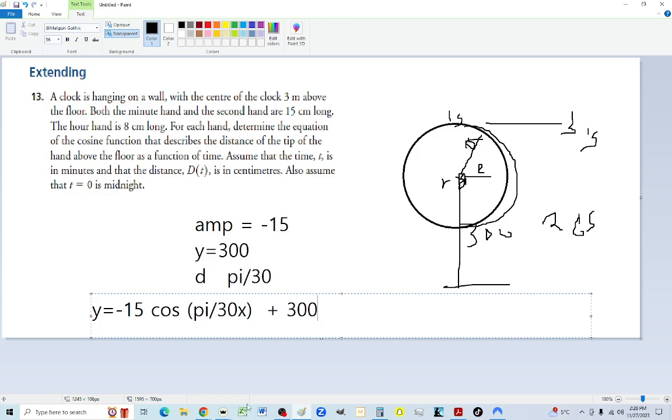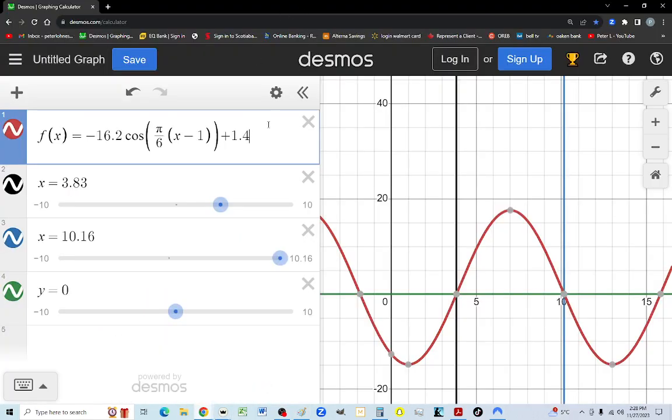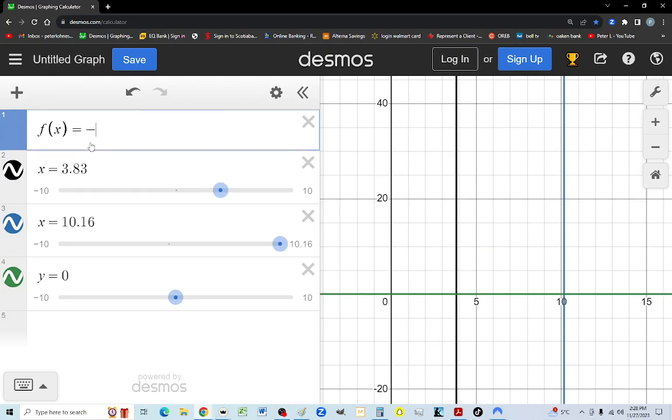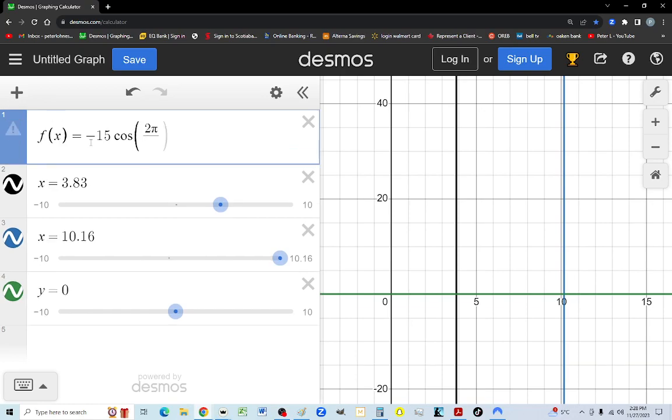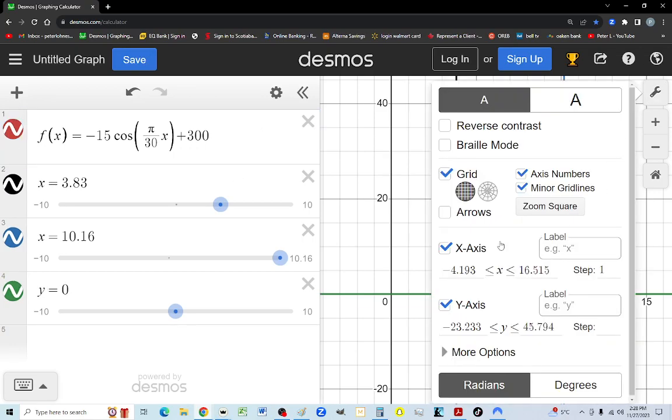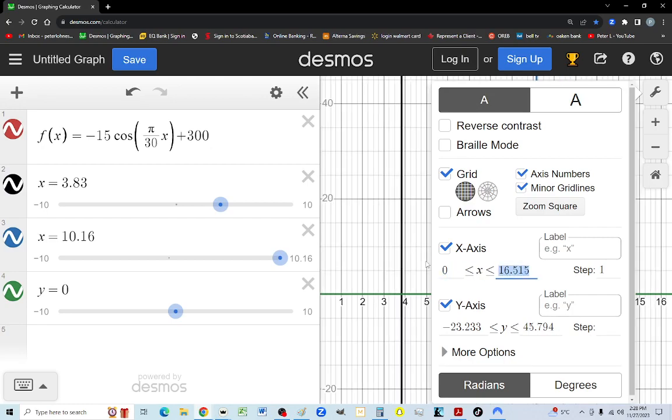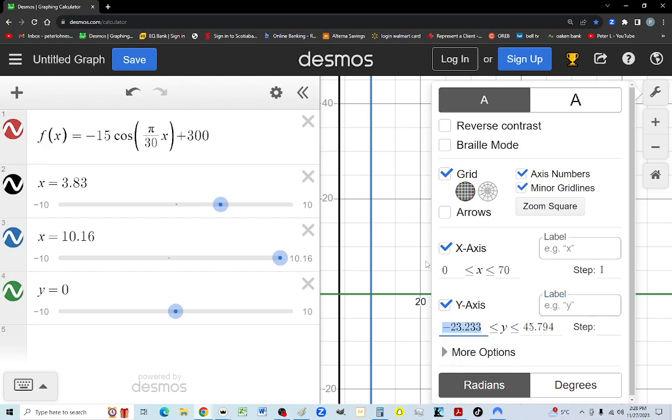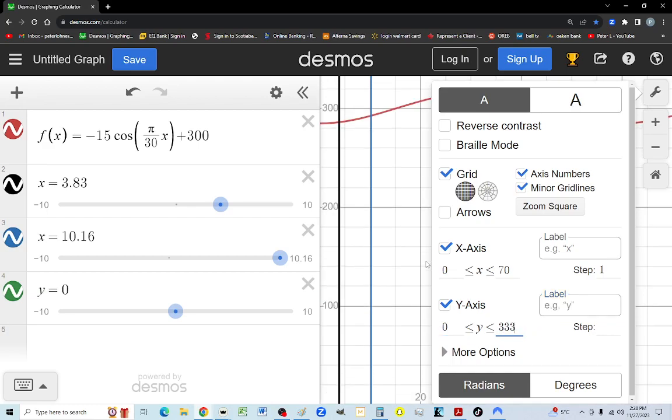And let's see if that's right. Let's make the x-axis from 0 to 60, and the y-axis from 0 to 333.